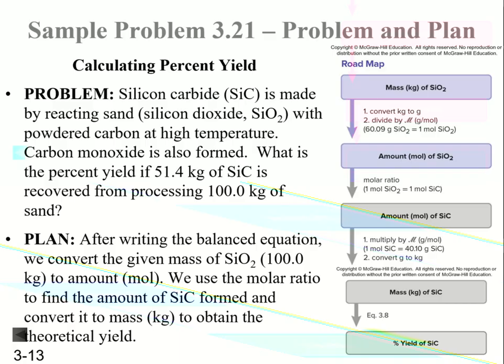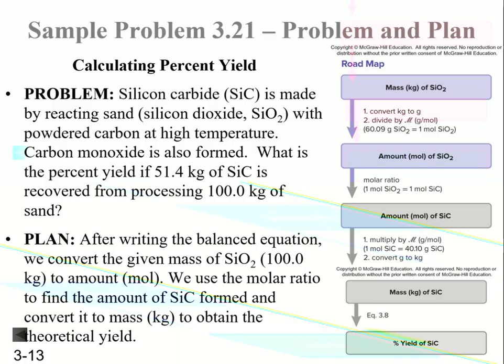Carbon monoxide is also formed, so that's a product. So our reaction is going to look like SiO2 plus C yields SiC plus CO.